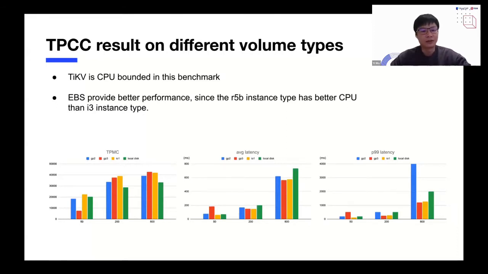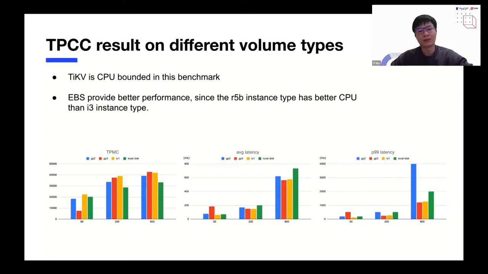With a smaller number of threads, which simulates a lighter workload, we actually see in some cases the local disk indeed still has an advantage, especially when compared to the GP3 volume type that we plan to use. When using local disk, it still has a lower latency.